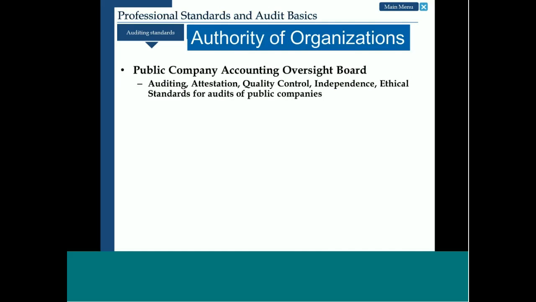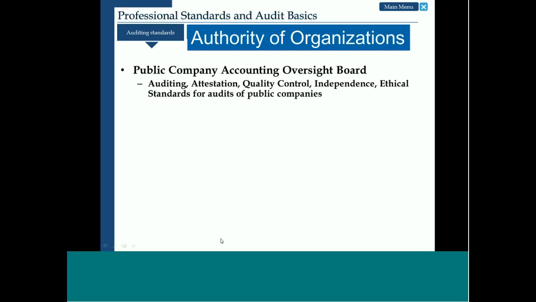We already understood this term in regulations. The Public Company Accounting Oversight Board. These are the guys who give the auditing, attestation, quality control, independence rules, and even ethical standards for the audits of public companies. That is quite interesting.